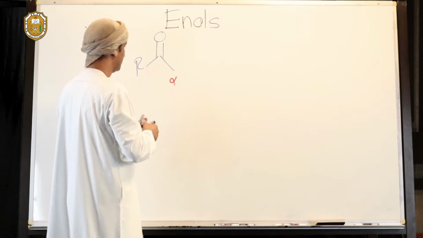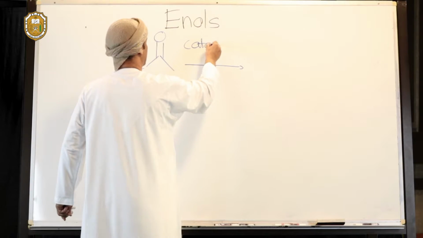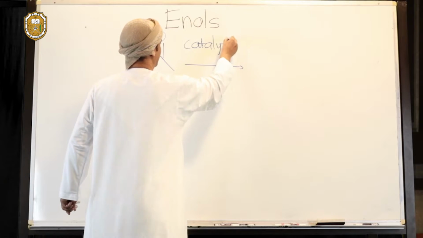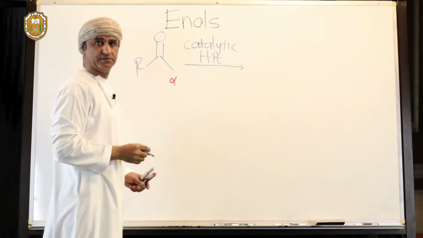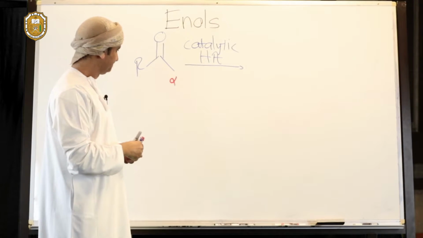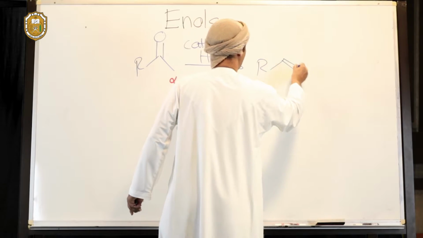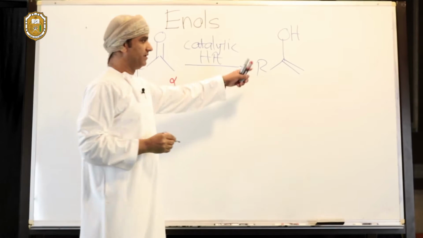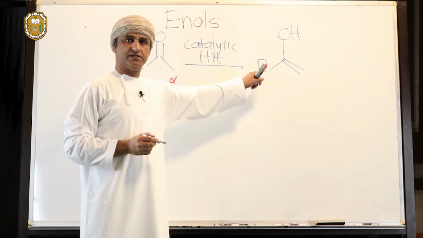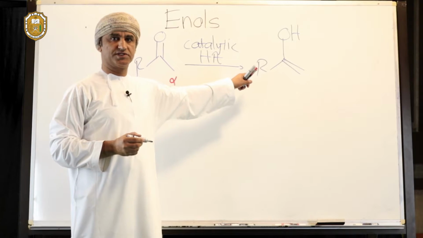Now, if this ketone is treated with catalytic acid, such as HA, an enol is formed. That's the structure of an enol, or enols in general.